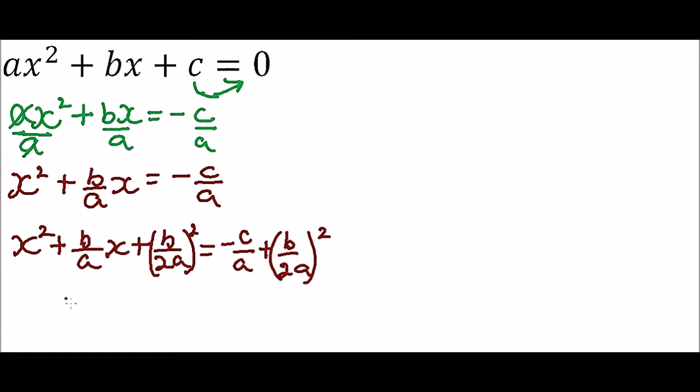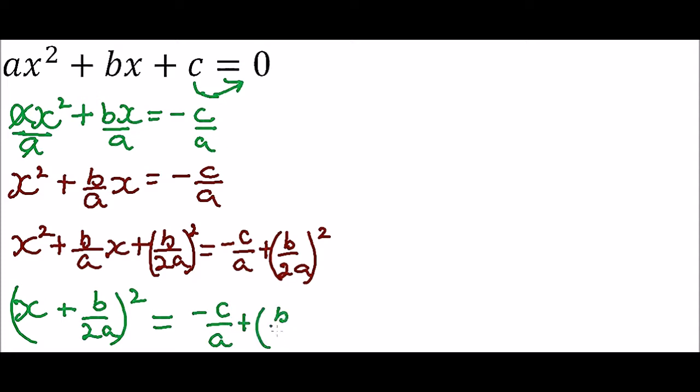Now we can make this a perfect square. So we have x plus b over 2a in brackets squared equals minus c over a plus b over 2a in brackets squared.